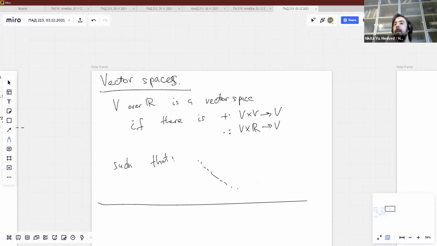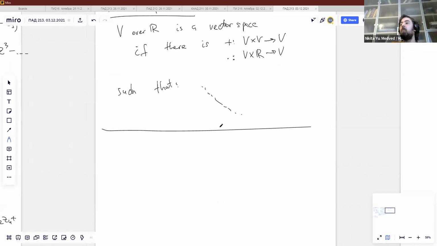The idea, so why are we interested in such a thing? Well, the idea is that we have many different things that satisfy those rules. So one example is the set of columns.